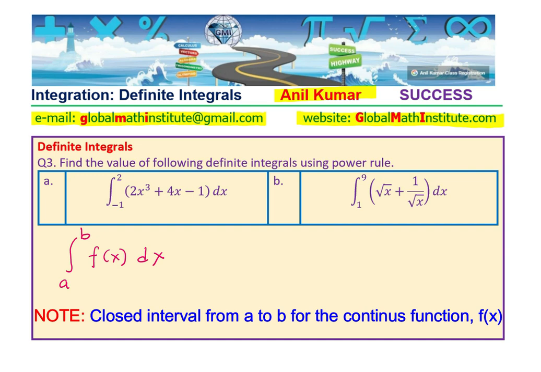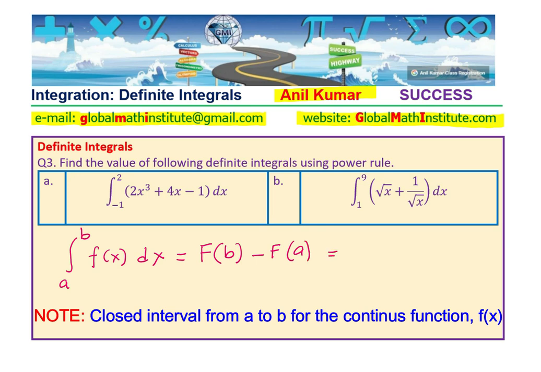The function should be continuous in the interval a to b. Do you understand? So it is a continuous function being integrated within that interval. And the value will be the value of the antiderivative at b minus the value at a, right? So that is what it really means.